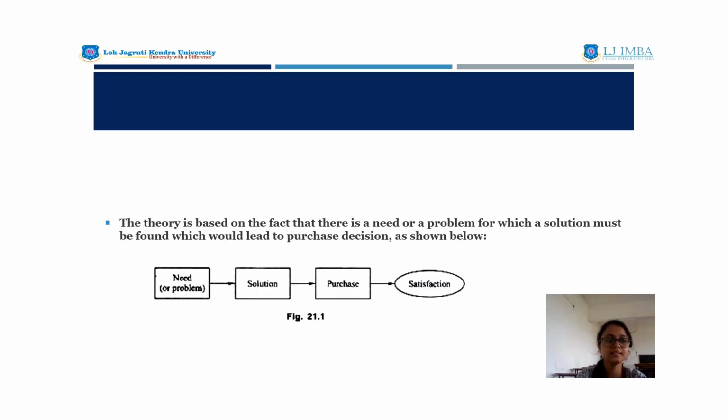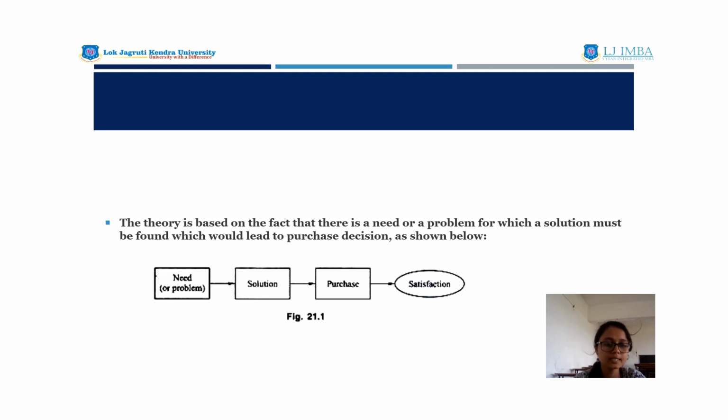So rather than seeing selling as persuasion or manipulation, this theory sees it as helping someone reach a decision. That's what makes it very relevant in today's customer focused marketplace. The theory is based on the fact that there is a need or a problem for which a solution must be found, which would lead to a purchase decision.